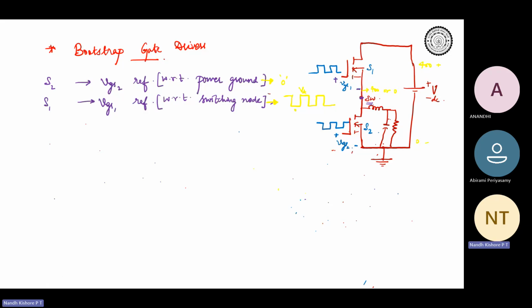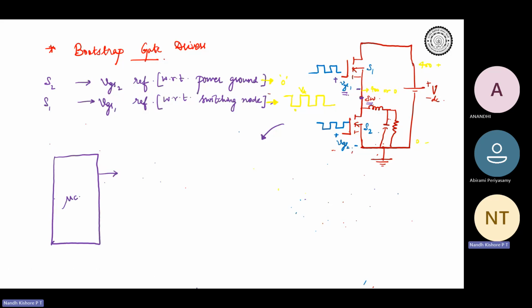Okay, no worries. What generally people do in order to give this VGS1 is they have an isolation stage. What people generally do in research labs is, let's say you have the microcontroller over here. I write this as microcontroller.